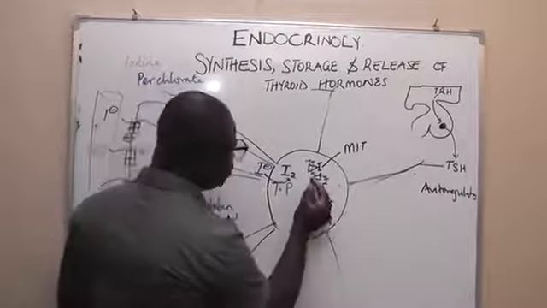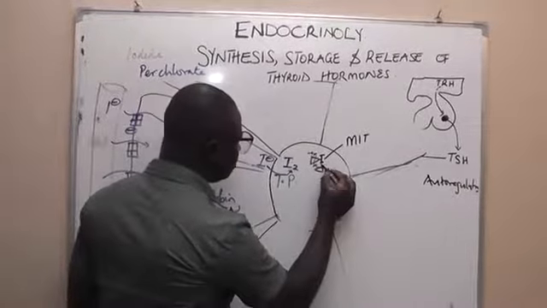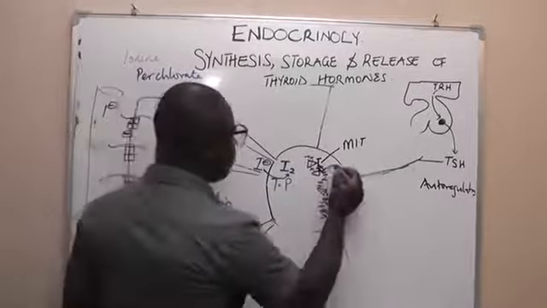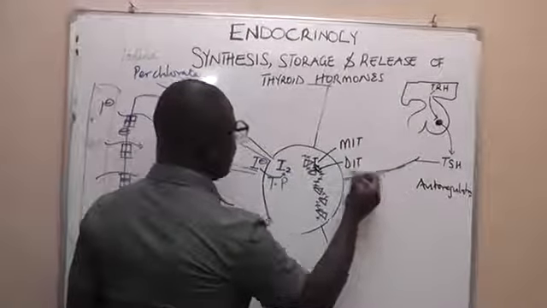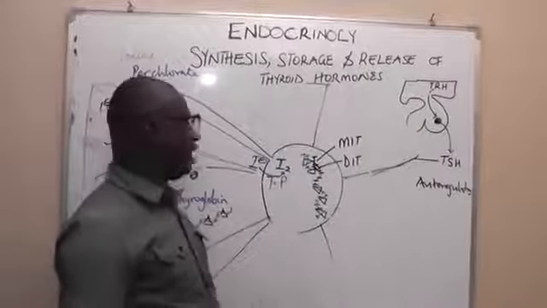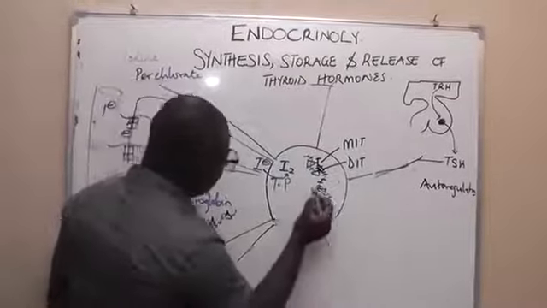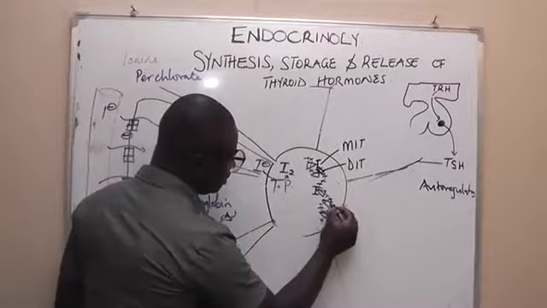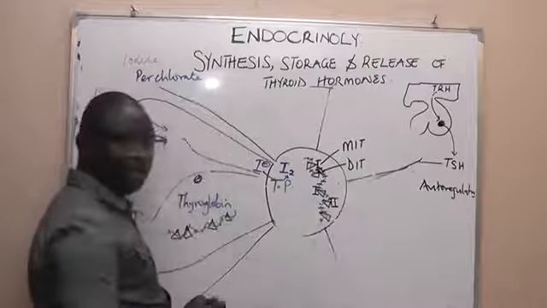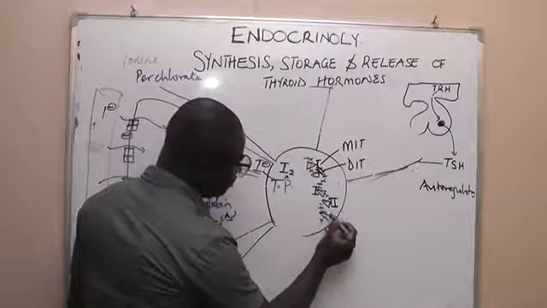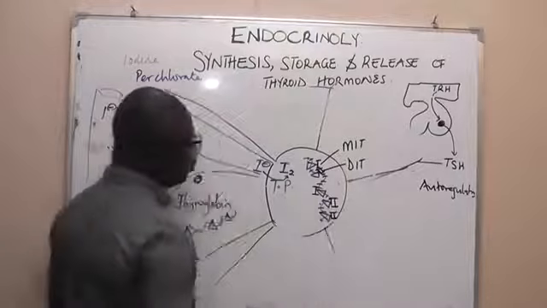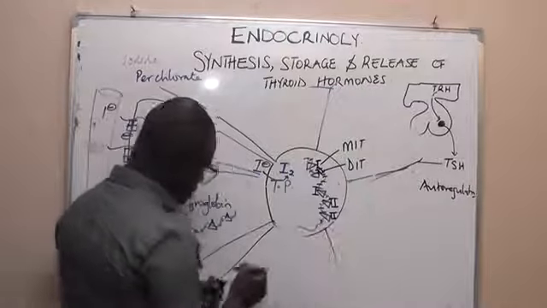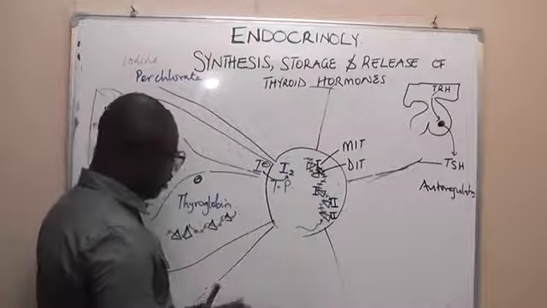So let's assume we want to attach 2 iodine to this compound. Then this compound will be what? Diiodothyronine. Okay? So let's assume we have another one again here. Monoiodothyronine. This is what? Diiodothyronine. Let's assume this is also diiodothyronine. Let me make it longer.